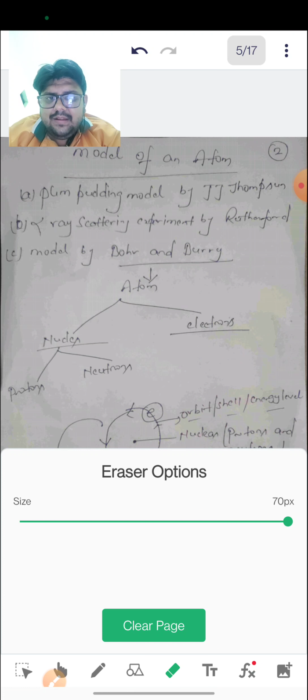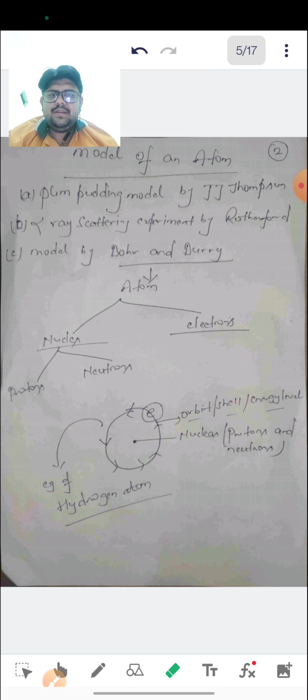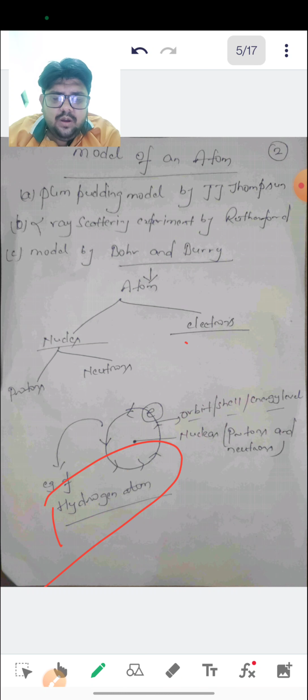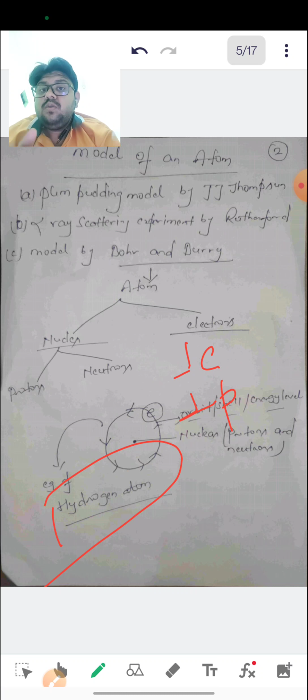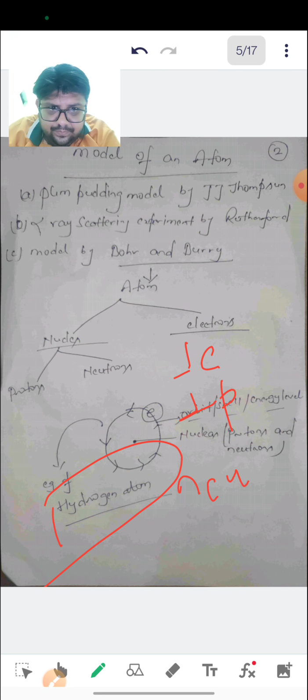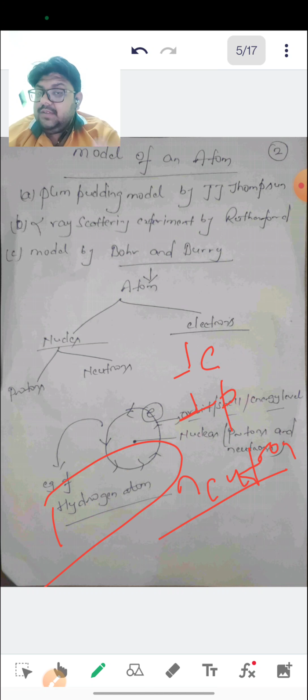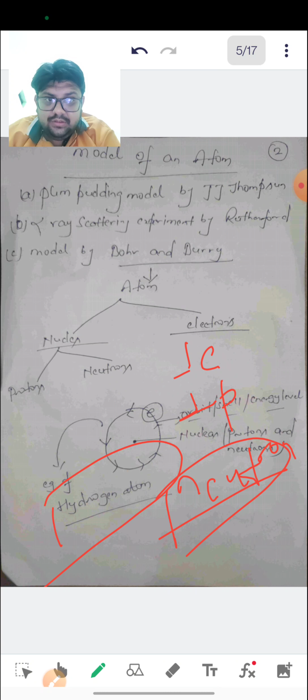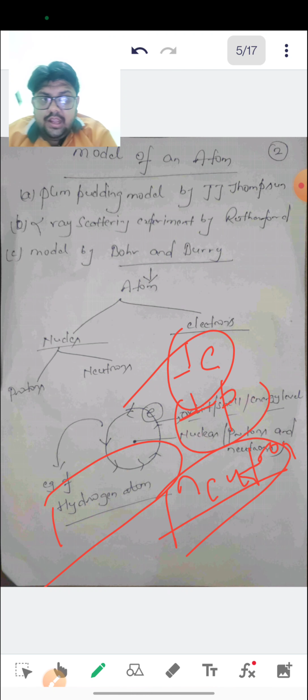This is an example of a simple element called the hydrogen atom. In the hydrogen atom there is one electron and one proton. Please remember that this is the one and only element in the world which has no neutrons. It has only one electron and one proton.